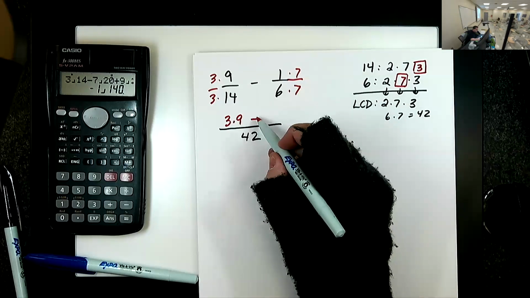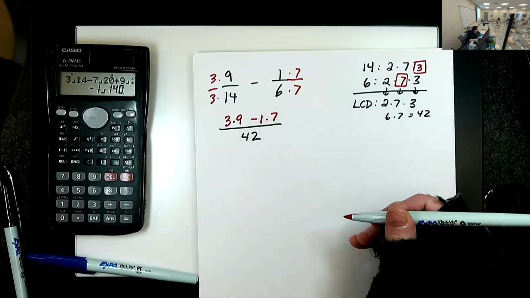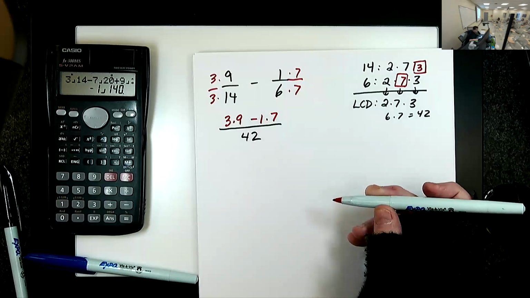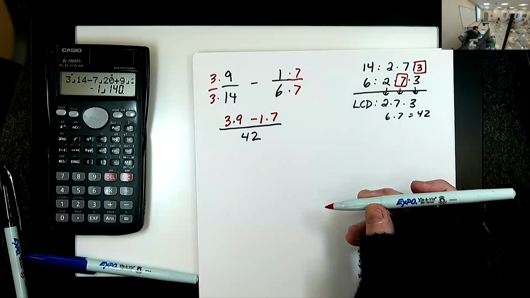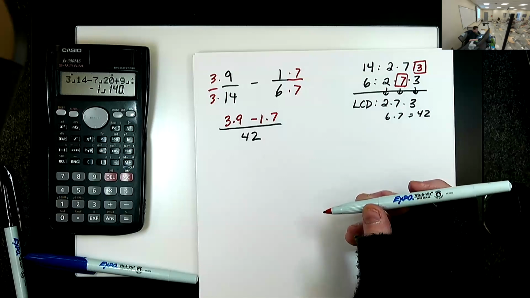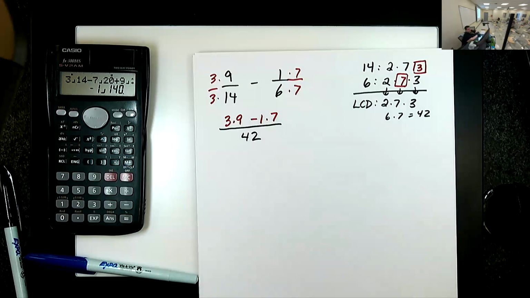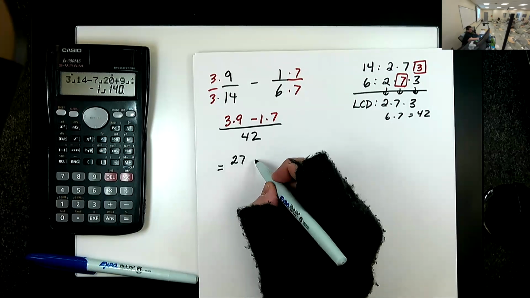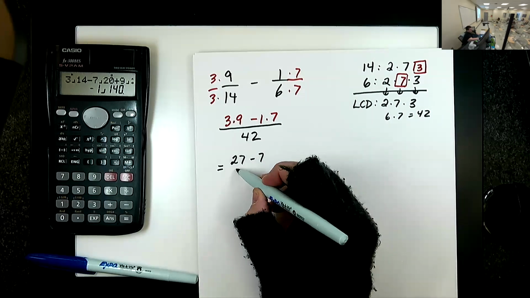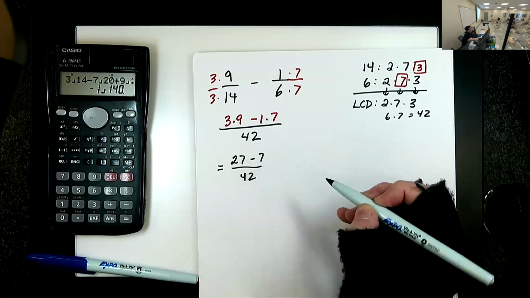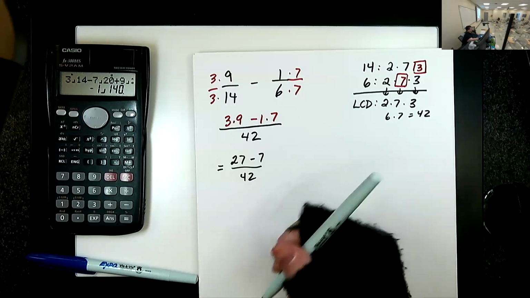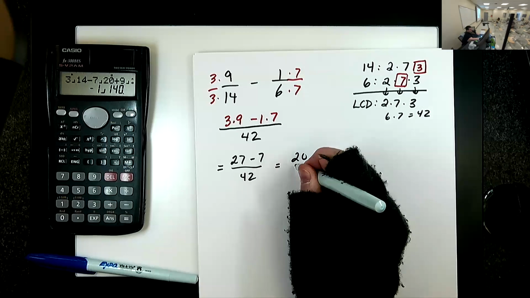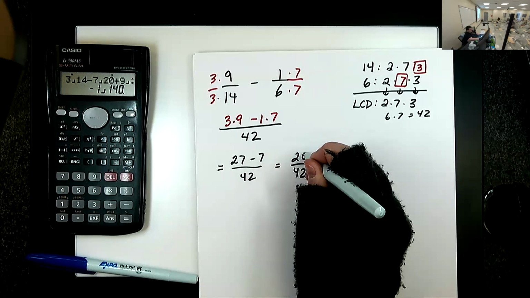And I've got minus 1 times 7. This is 3 times 9 is 27. Minus 1 times 7 is 7 over 42. And if I clean up the top, 27 minus 7 is 20. 20 over 42.